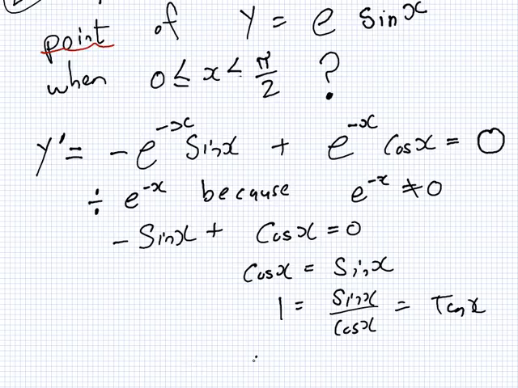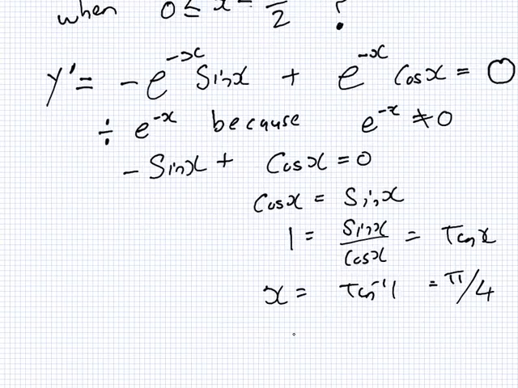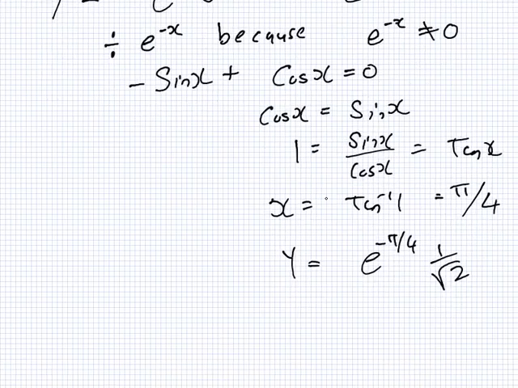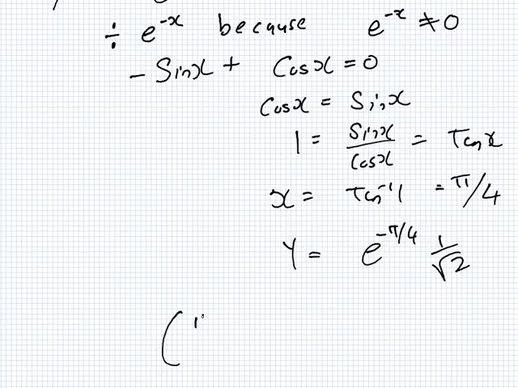So that means x equals tan inverse 1, which is pi over 4. And so y will equal e to the minus pi over 4 times sin pi over 4, which is 1 over root 2. So my answer is pi over 4, e to the minus pi over 4 over root 2.